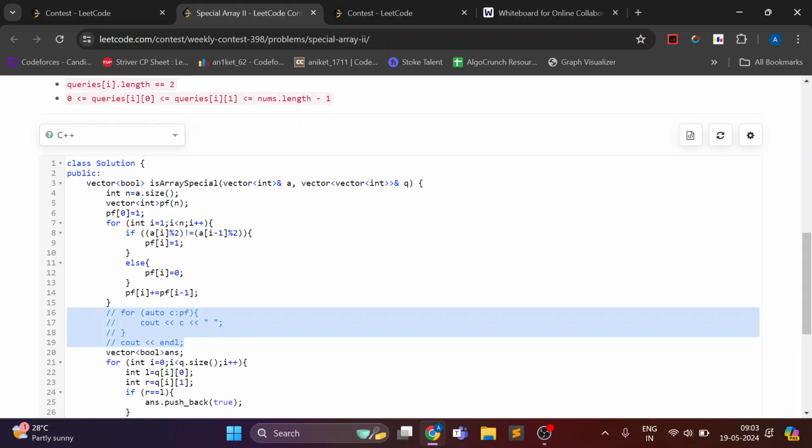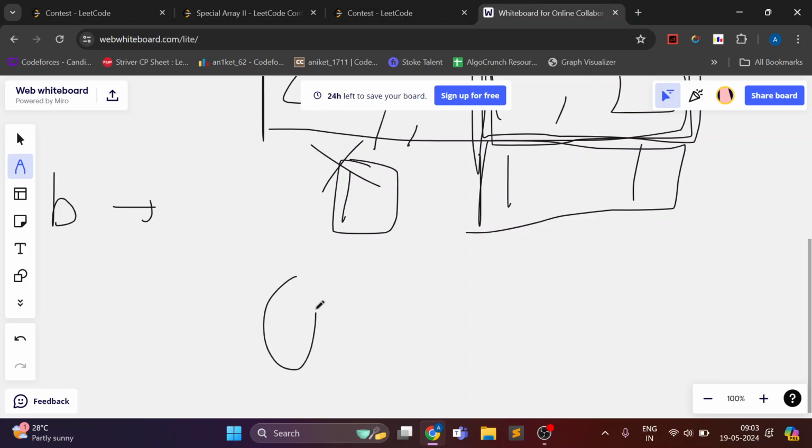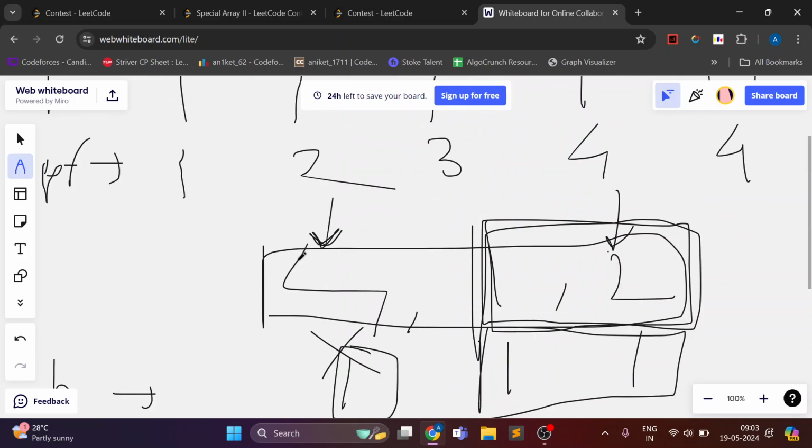So first of all, I've created a prefix sum array. Pf of 0 can be 1. This can never be accessed because, let's say, I'm querying from 0 to n. I will only need the prefix sum of 1 to n because 0 is irrelevant, as we have discussed that the first element of the subarray is not necessary because its information is with its previous element, which is not present in the subarray.